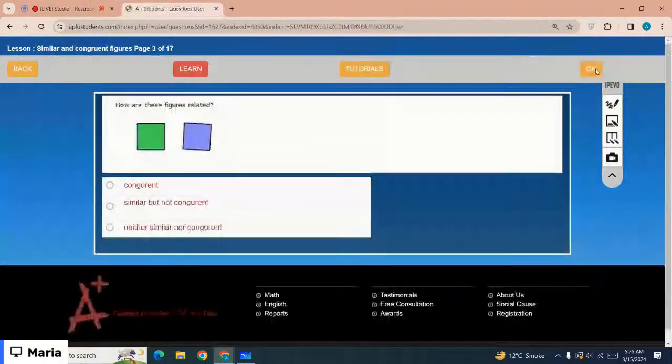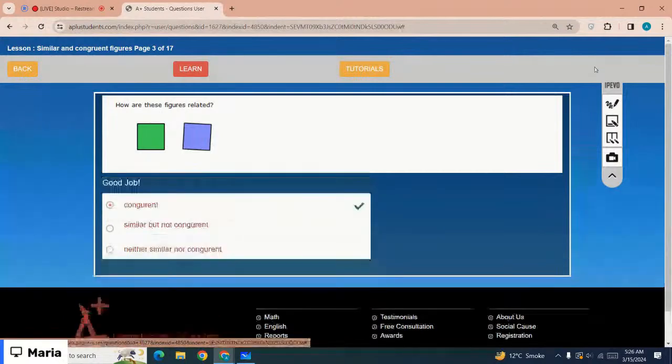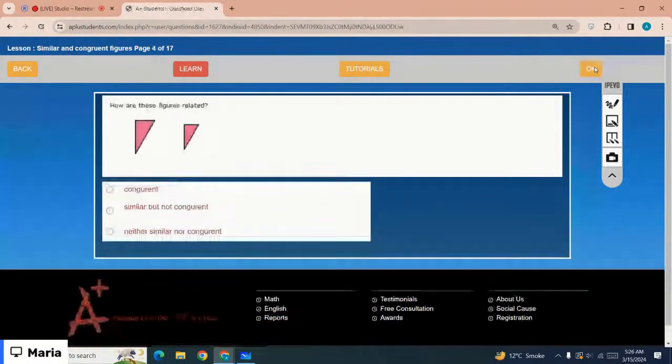How are these figures related? They are congruent, right? How are these figures related?